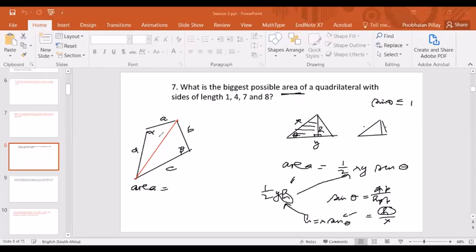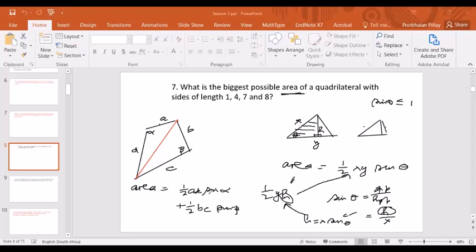This area is half AD times the sine of the angle between them, which I've named alpha. And likewise, this other triangle's area is half BC times sine of the angle between them, which I've called beta, the Greek letter beta. So there's your area that you're looking for.